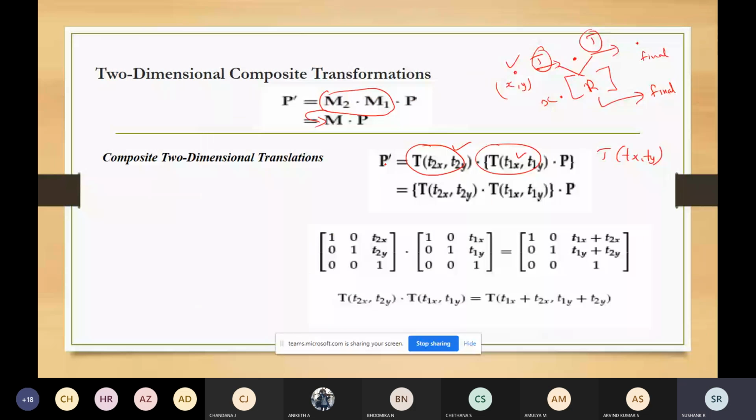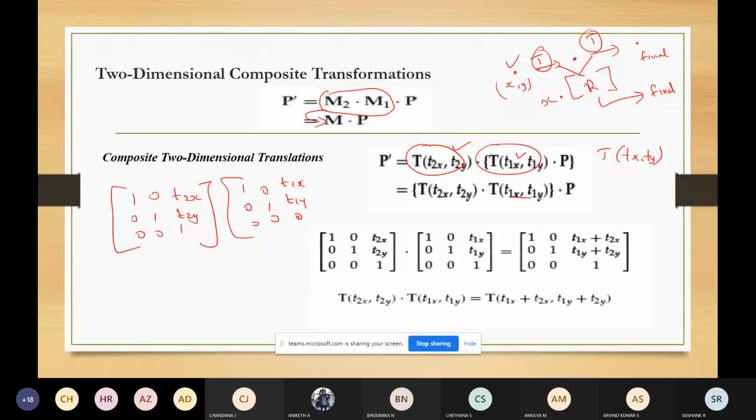So this T2, I can write as the identity matrix with 1, 1, 1 on the diagonal, zeros elsewhere, and here T2x, T2y. After that T1: 1, 0, 0, 0, 1, 0, T1x, T1y, 1. So now I should multiply these. Instead of applying the transformations separately, I need to find the product of these.